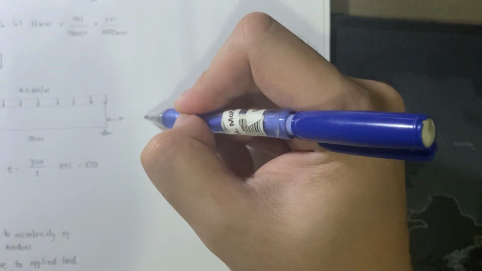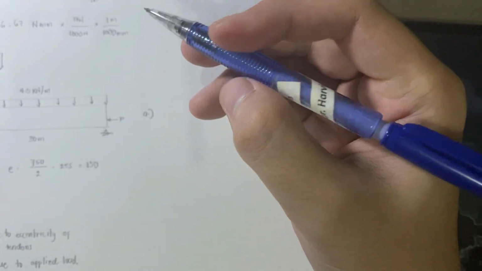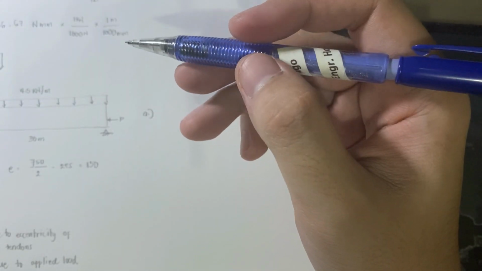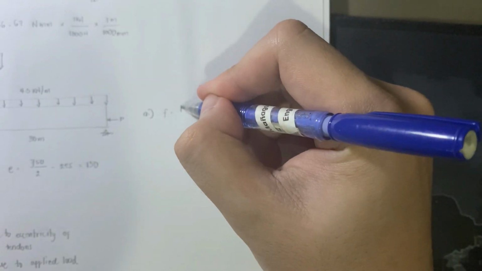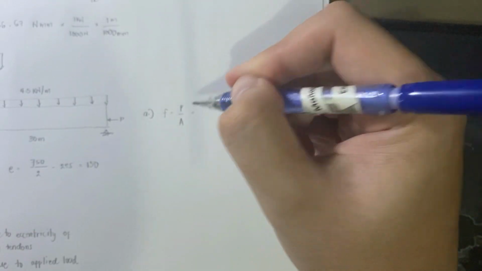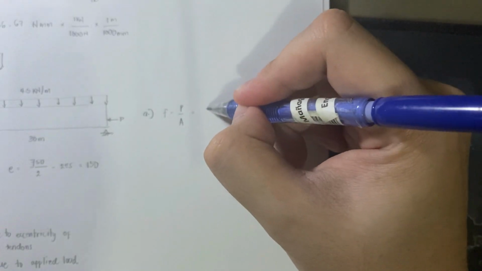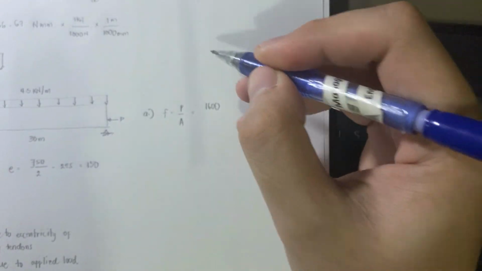So for letter A, so the axial stress is equal to, take note na actual stress natin is equal sa taas man na sa baba, which is always compressive, so dapat negative.